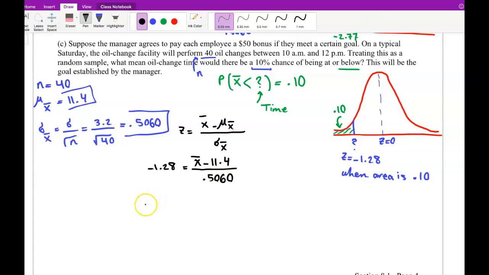So on this side we have negative 0.64768 equals x bar minus 11.4.